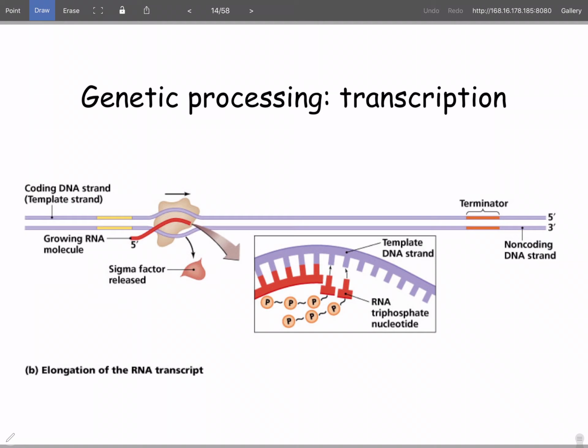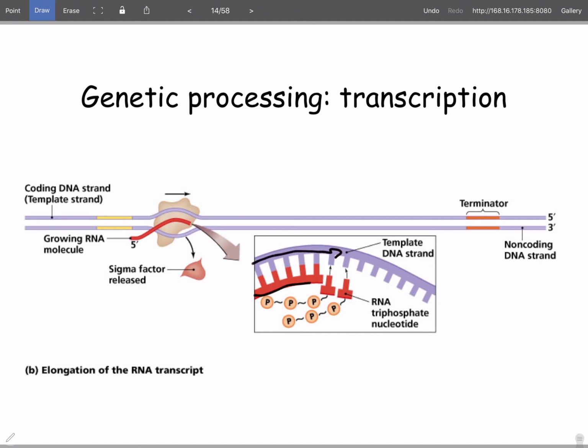The next step is elongation of the chain. So at the start site of transcription, right, RNA polymerase will start adding on nucleotides that are complementary to the DNA sequence it's copying, okay?